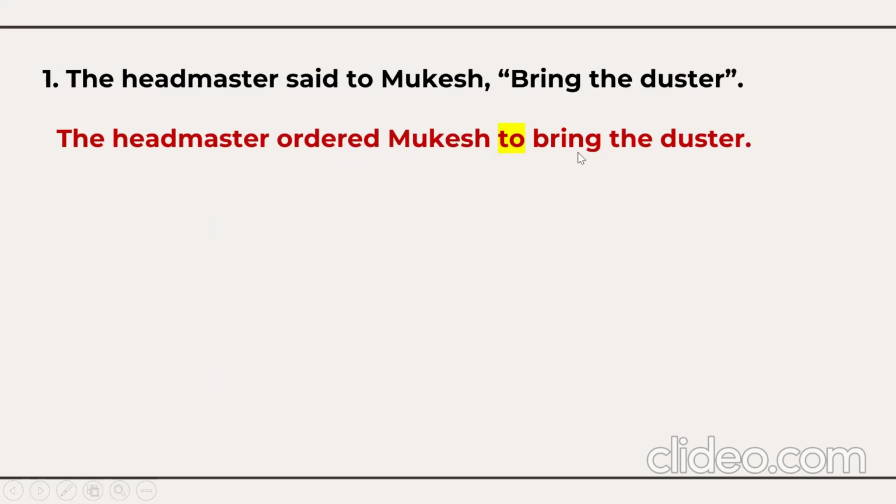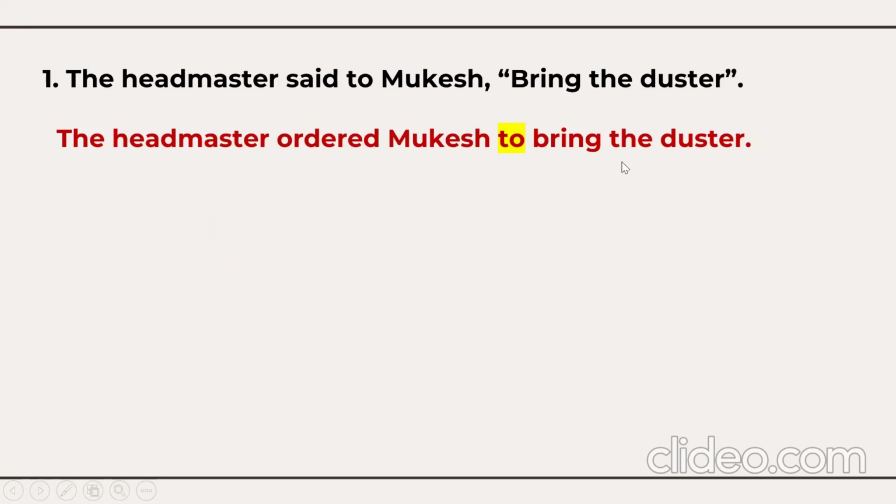Don't write brought. Remember, because you have this mindset that, sir, it is written in the past tense, so I'll change this one into the past tense. No, no, no, no, no. You should not do it. So you should always remember this "to". After "to", if you are getting a main verb, it should always be in the simple present tense. See, I have not written here to brings, to brought. No, to bring the duster.